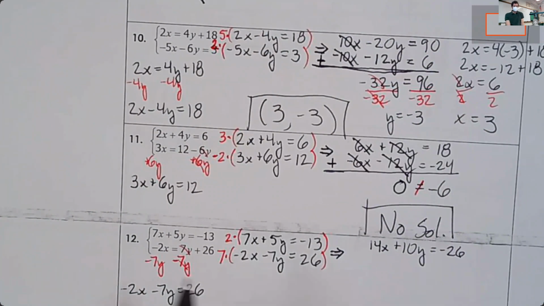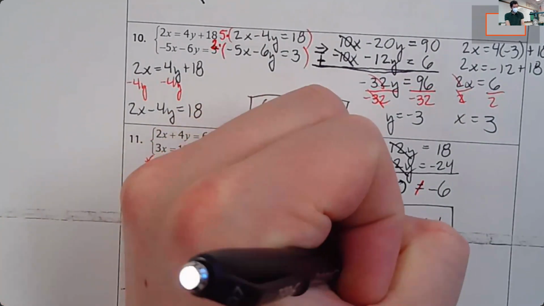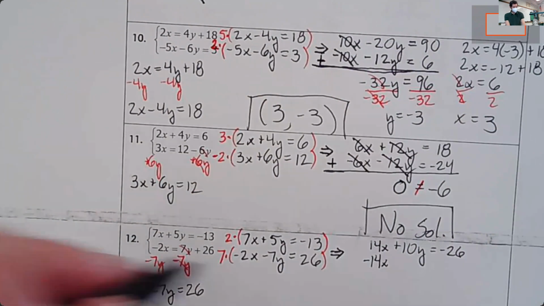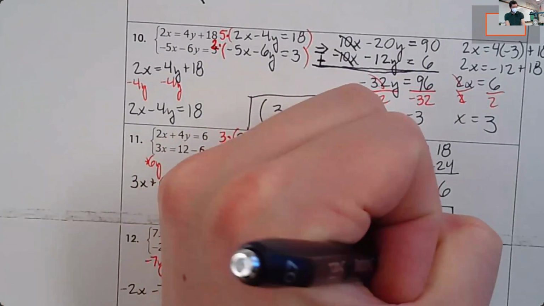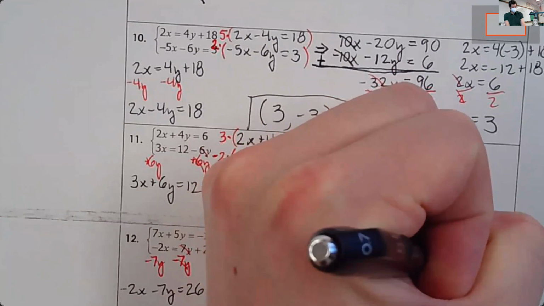On the bottom equation, 7 times negative 2 is negative 14x. So there's our opposite values. That's what we were going for. 7 times negative 7y is going to be a minus or negative 49y. And then 7 times 26. So what is that? 140 plus 42, 182? Yes, 182. Okay.